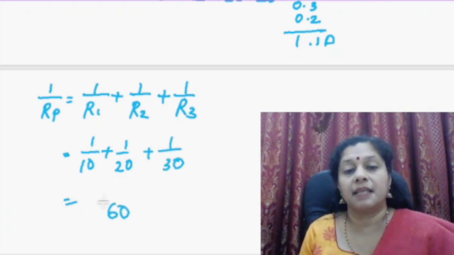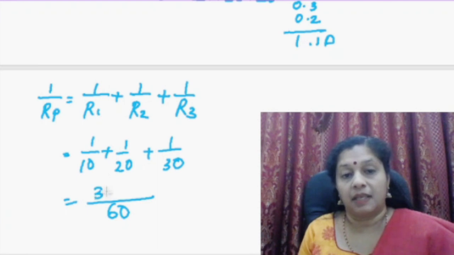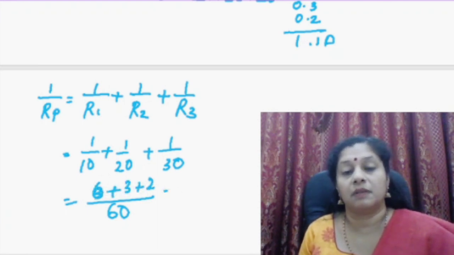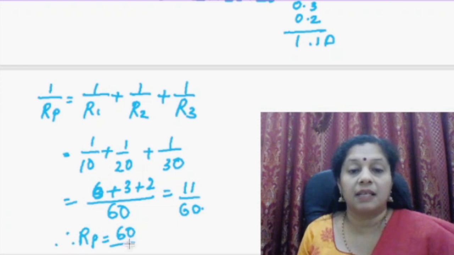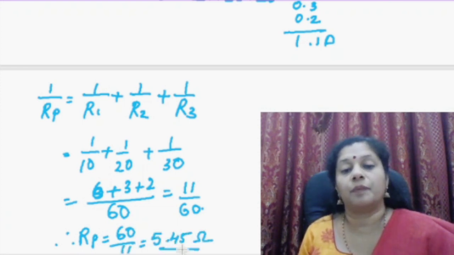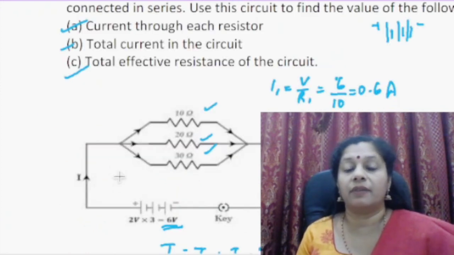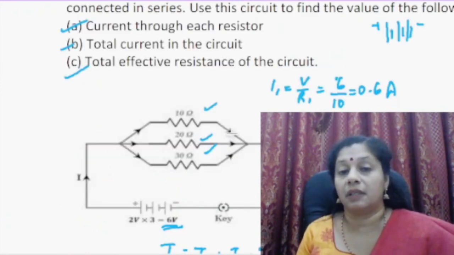LCM being 60, we will get 6 plus 3 plus 2, 11 by 60. Therefore Rp is equal to 60 by 11, 5.45 ohm. Okay, this is how we have to draw the circuit. You have to show the arrow mark of the direction of current.